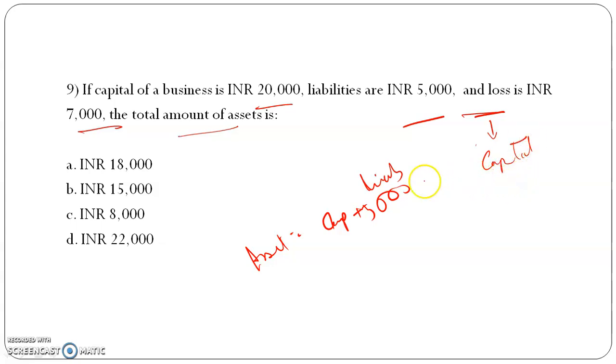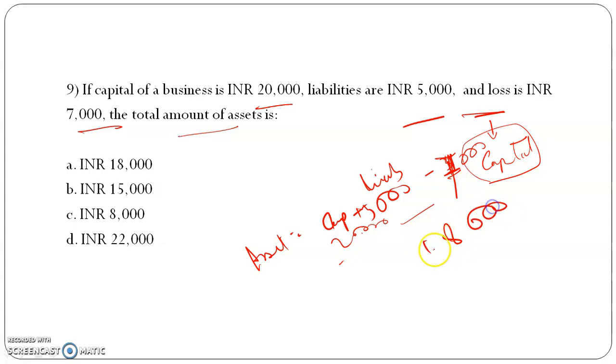Okay, it will never be deducted from your liability, it will never be deducted from anything else, it will be deducted from your capital. So minus it from capital only. So your loss is 7,000. So what will be your assets? Capital, that is your 20,000 plus 5,000 minus 7,000, that will be 18,000 will be your assets.